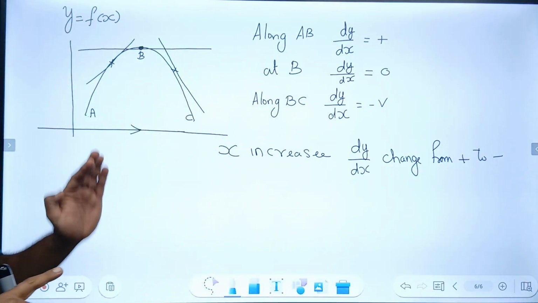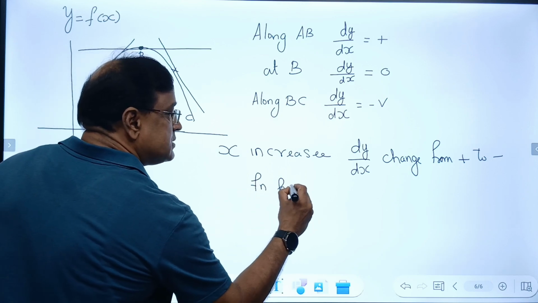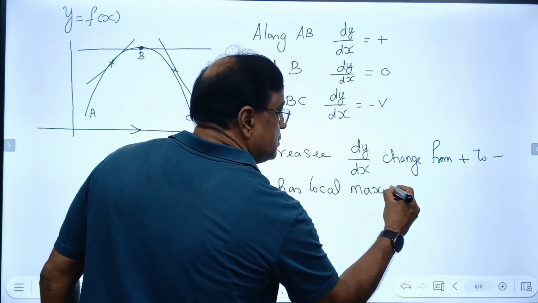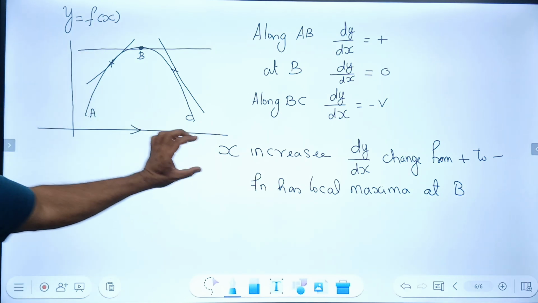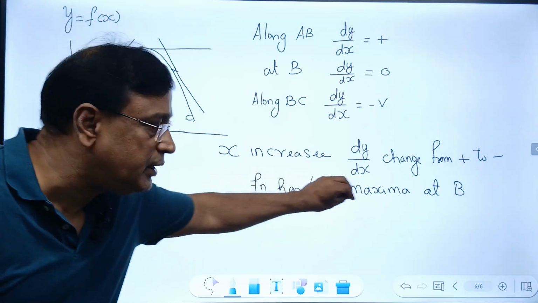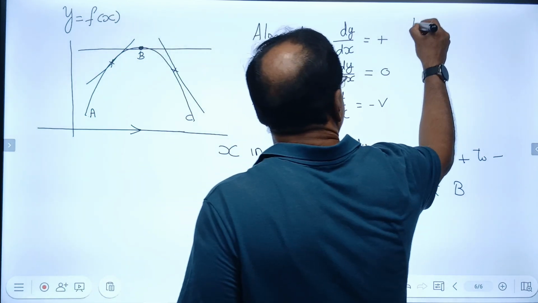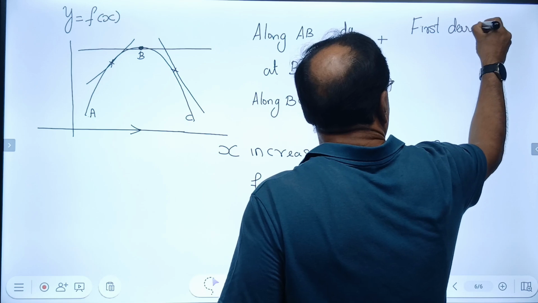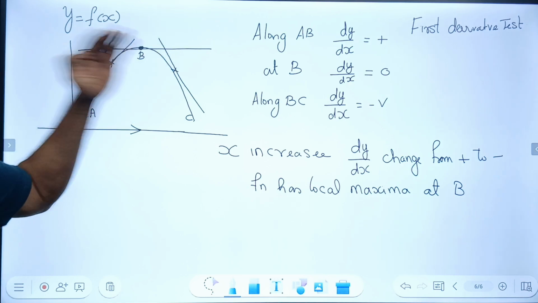If my dy by dx changes from positive to negative, then I can say the function has local maxima at the point B. Now we'll go into the details a little later. This process is called the first derivative test.